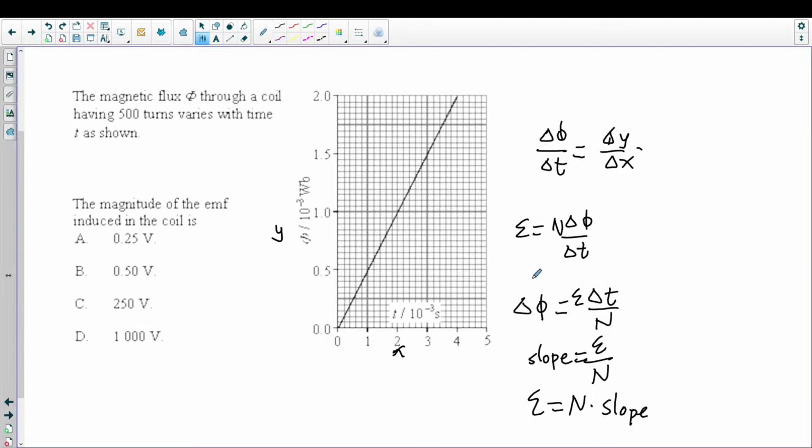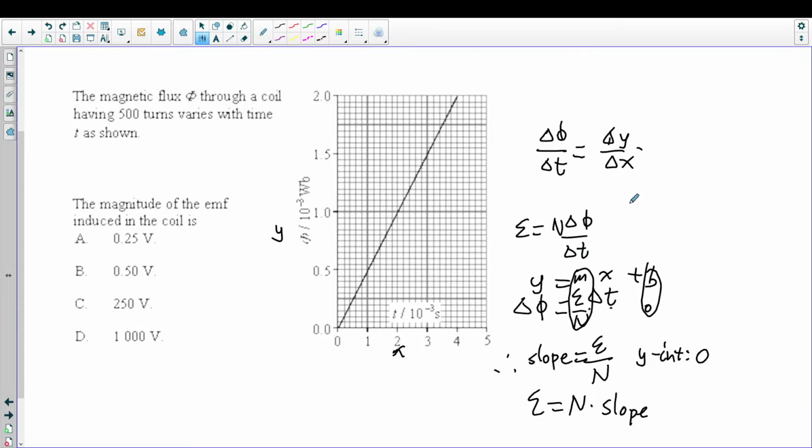I should probably do y equals mx plus b. If I rearrange this, I get this over N. That's my y, that's my slope, and that's my y-intercept, which is 0. So the slope is that, and the y-intercept should be 0, which it is.